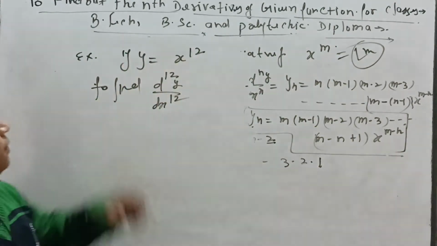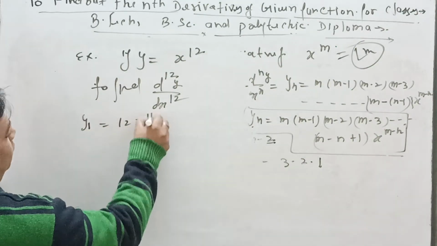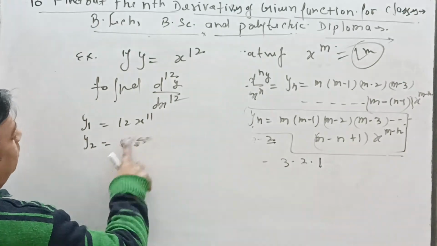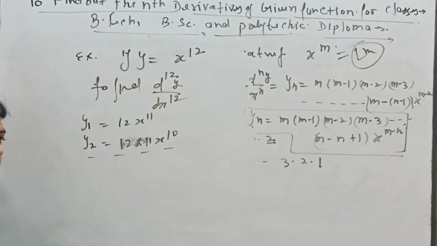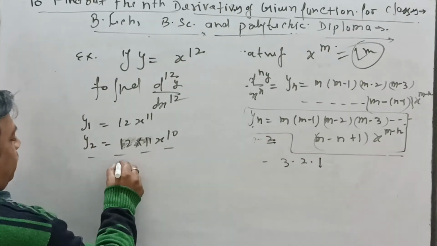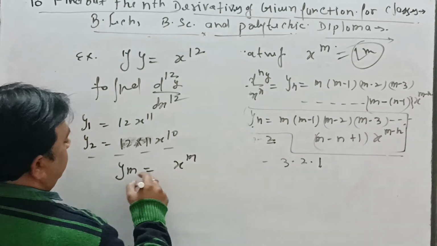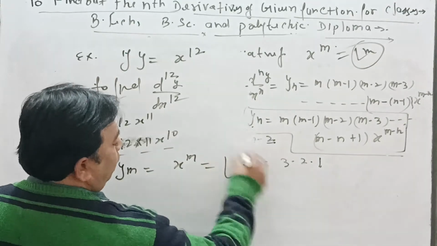First y1 is 12 x^11, y2 is 12 into 11 x^10, and so on. But we know the formula for this: for y equal to x^m, the derivative m times is factorial of m.